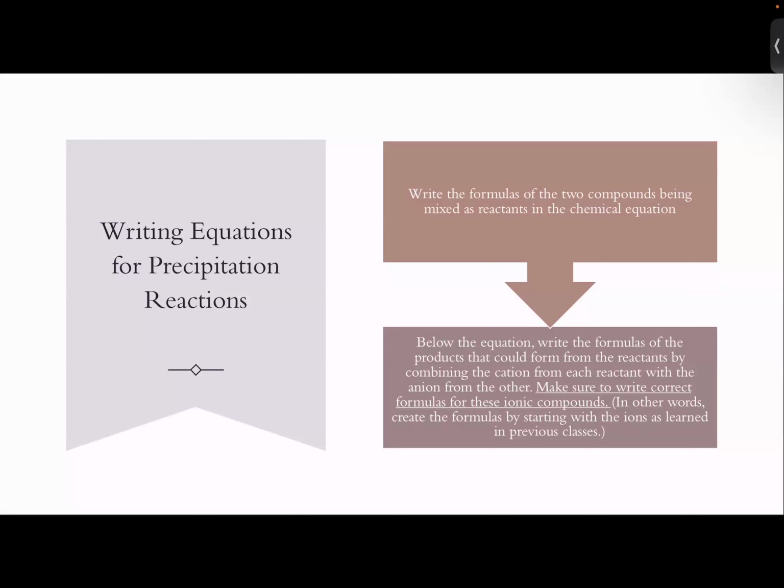We are then going to allow those 2 reactants to combine to form 2 new products. And we will develop the formula of those products using what is referred to as a double displacement reaction, where the cations swap the anion partners. And I'm going to illustrate this here in a minute.